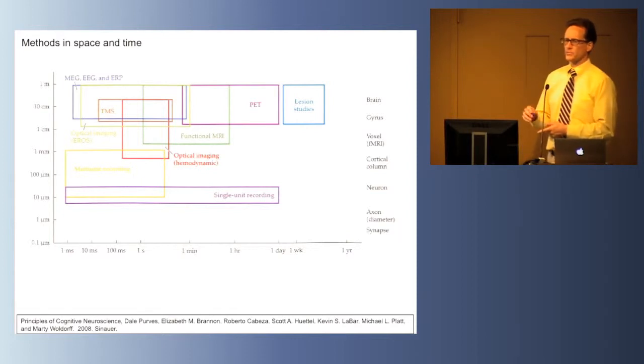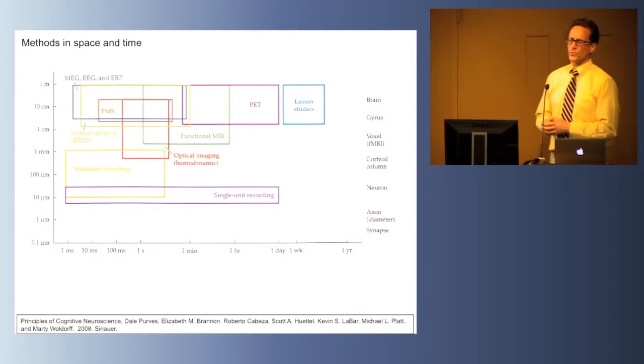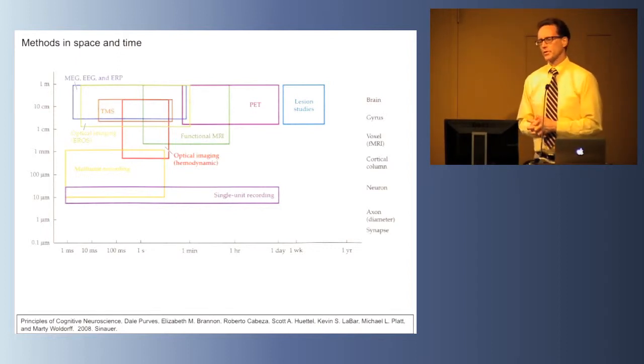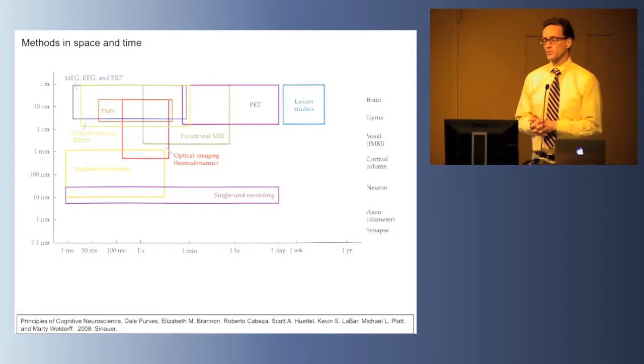So this is the highest spatial and temporal resolution available for functional studies of the brain. Typically, this is done in animal studies, but more and more often, especially in cases of treating Parkinson's disease or epilepsy, for example, it's possible to get single unit or multi-unit recording signals in humans as well.